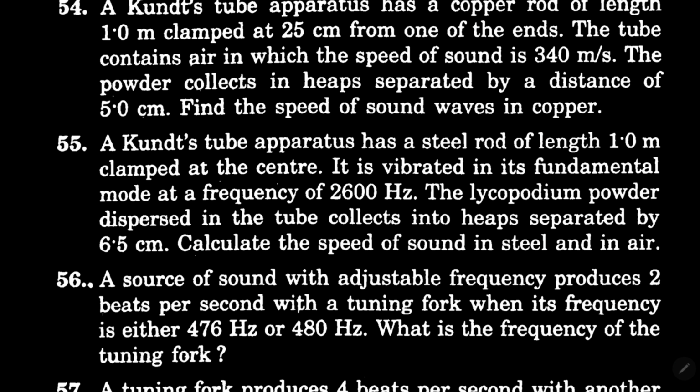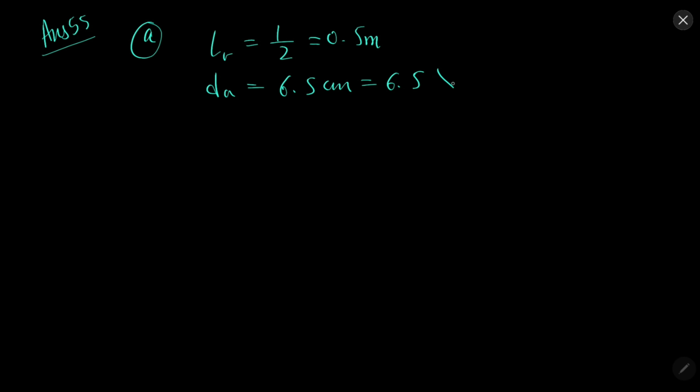In question 55, we need to calculate the speed of sound in steel and in air. Solution 55, A part. For this we have LR equal to 1 over 2.5 meter. Let dA be air length, that is 6.5 into 10 to the power minus 2 meter.